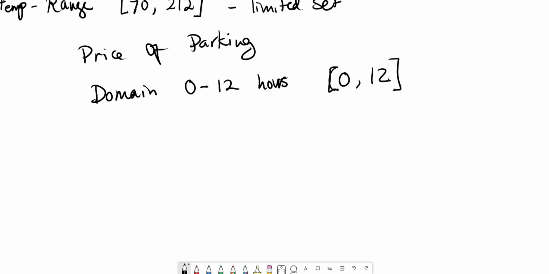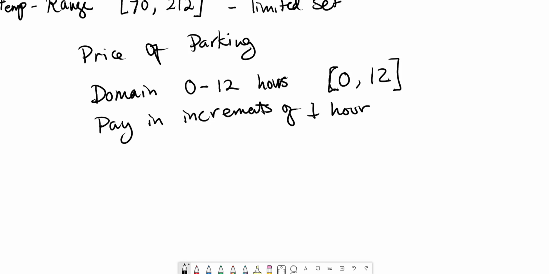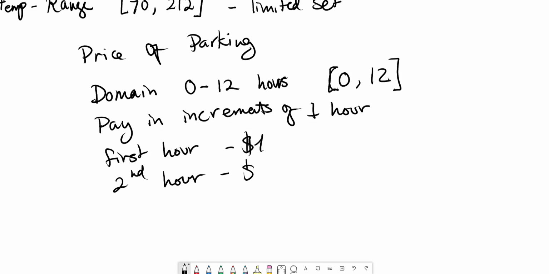Okay, but we pay now in increments of 1 hour. What does that mean? It means that for the first hour, we pay, say, $1. Second hour, we will pay $2, and so on.